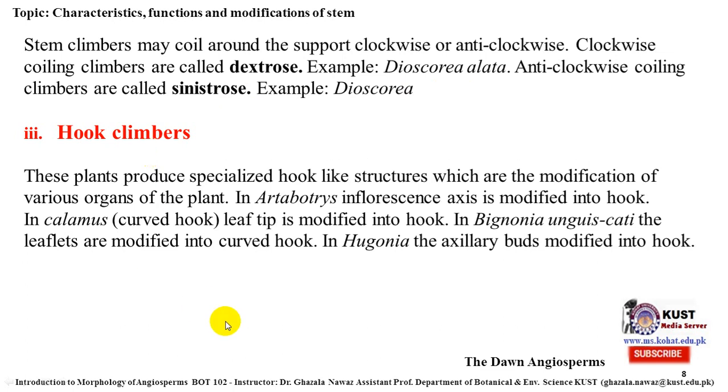Hook climbers are plants that produce specialized hooks, as the name indicates, and these structures are modifications of various organs of the plant. For example, in Artabotrys, the inflorescence axis is modified into a hook; in Calamus, it is the leaf tip which is modified into a hook; in Bignonia unguis-cati, it is the leaflets that are modified into curved hooks; and in Hugonia, the axillary buds are modified into hooks.